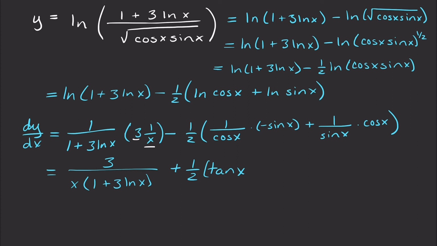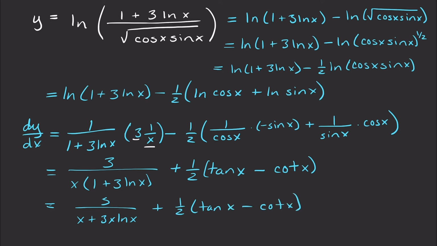So minus and minus will be plus, and then the second term will be minus, and cosine over sine is just cotangent x. And if you wanted, you could distribute this x on bottom. You could also, if you wanted to, pull this 3 out into your logarithm. But otherwise, this is what you get.